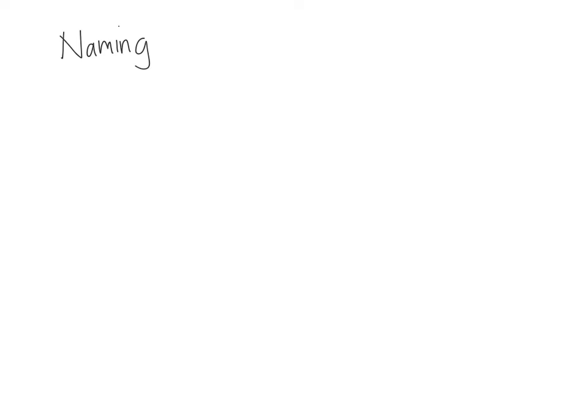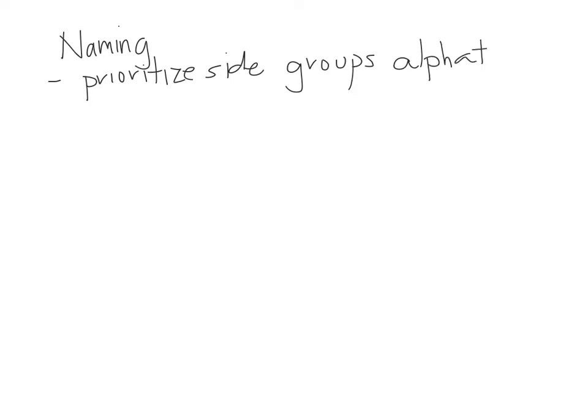So naming. If there's 6 carbons or lower in the side groups, what you do is you alphabetize the side groups alphabetically. And the first side group alphabetically is numbered number 1.